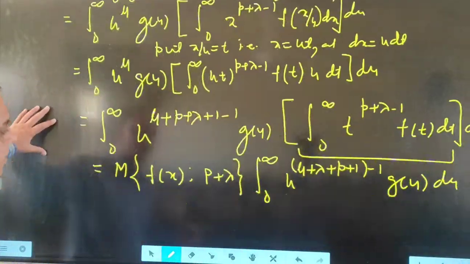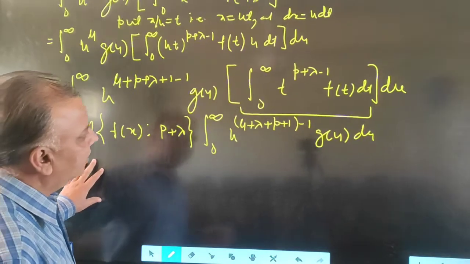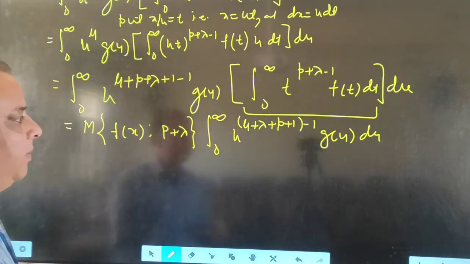As we see, this integral is the Mellin transform of the function g(u) with respect to parameter mu plus lambda plus p plus 1.